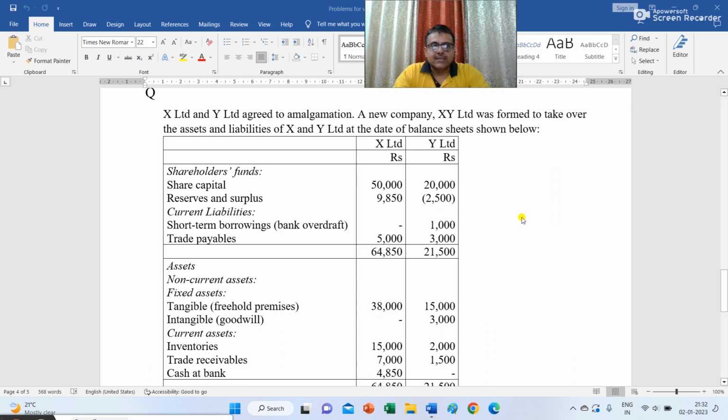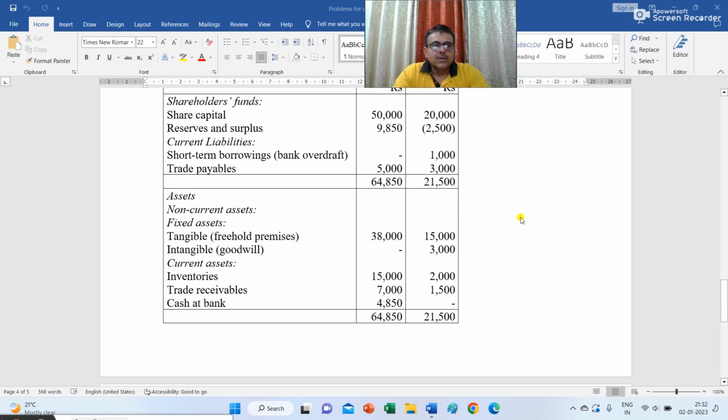Now coming to the asset side. First we have the non-current assets, and under non-current assets we have fixed assets: freehold premises 38,000 for X Limited and 15,000 for Y Limited. We have goodwill of Y Limited for rupees 3,000. Then we have the current assets.